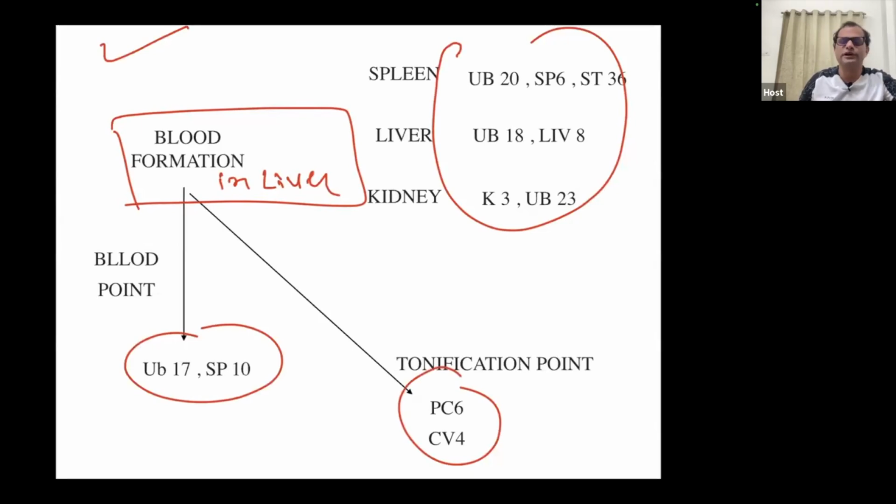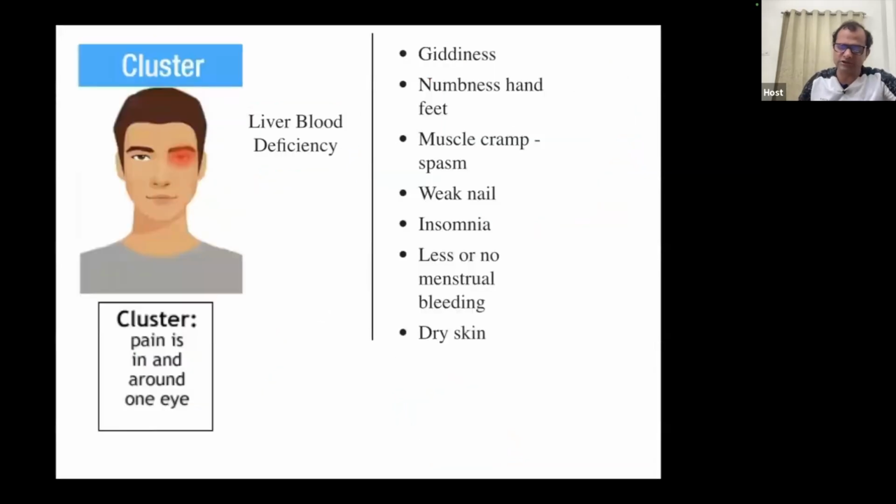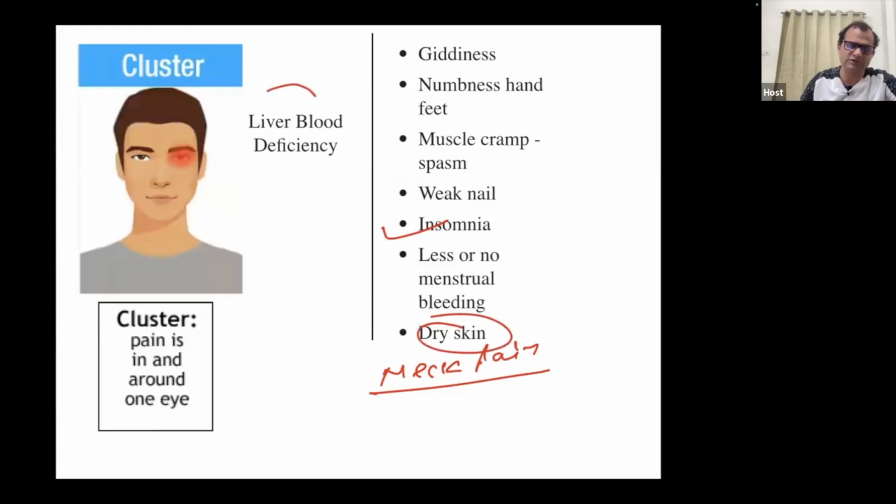If you want to make your nails beautiful, नाखूनों को अच्छा बनाना है, you want to treat any of these conditions, the person having numbness in the arm, dry skin, for all these conditions.